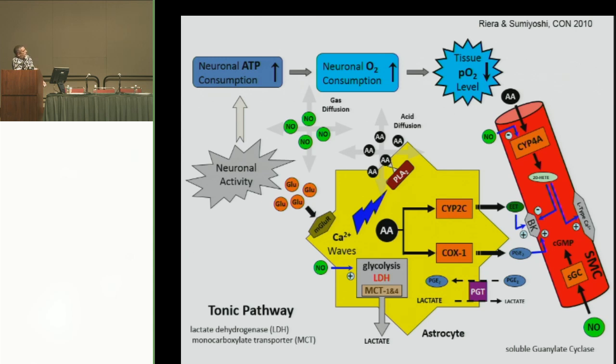At the same time, this same acid activates two proteins inside the astrocyte, COX-1 and P450, both of which create vasoactive products. One of them creates an acid, the other creates a prostaglandin, and they are vasoactive. So from one side you create constriction, from another side you create dilation.